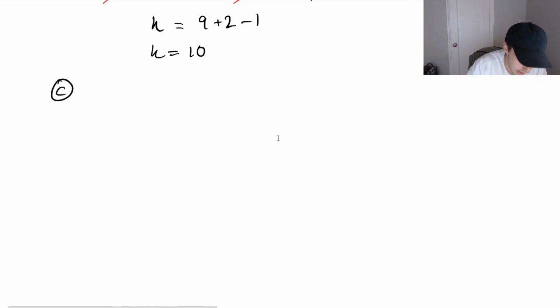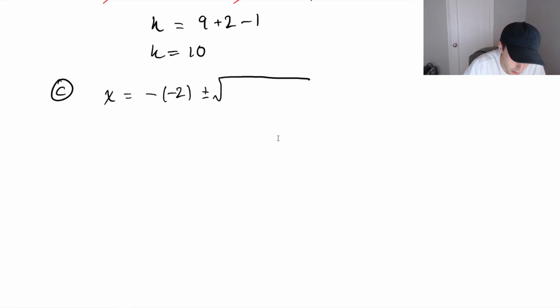Option C, okay, we know x is equal to minus b, which is minus negative 2, plus or minus the square root of b squared, which is going to be 4, minus 4ac. A is 1, c is negative 9.